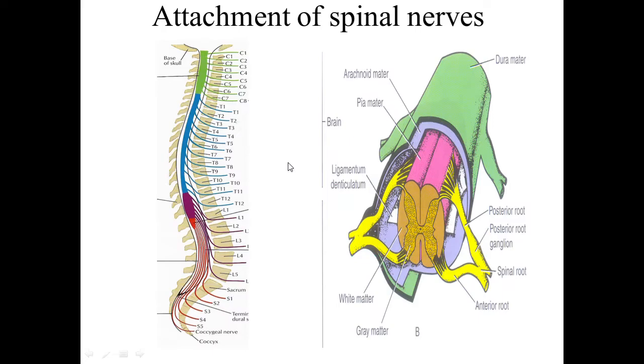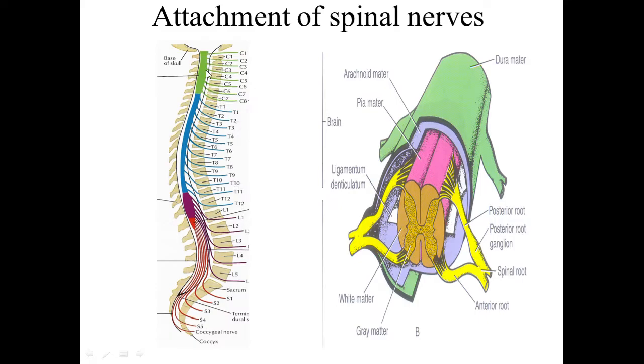Now, spinal nerves are attached to the spinal cord. There are around 31 pairs of spinal nerves and around 33 vertebrae.